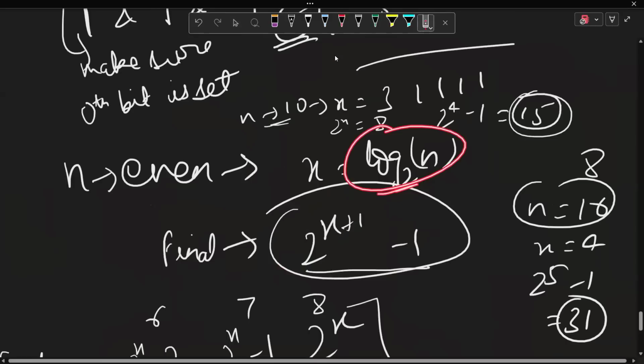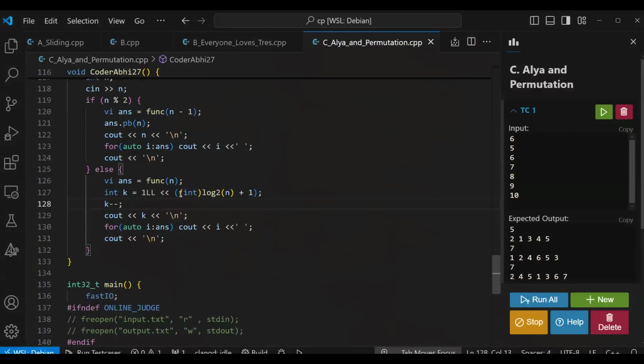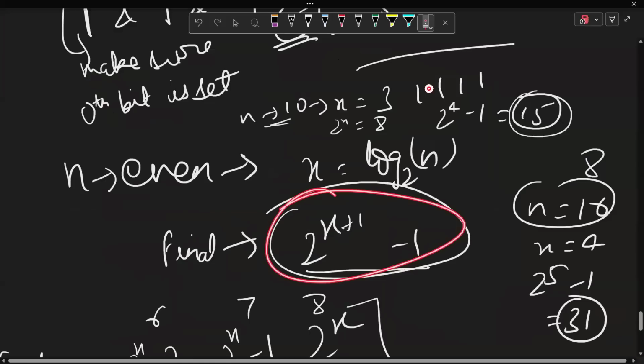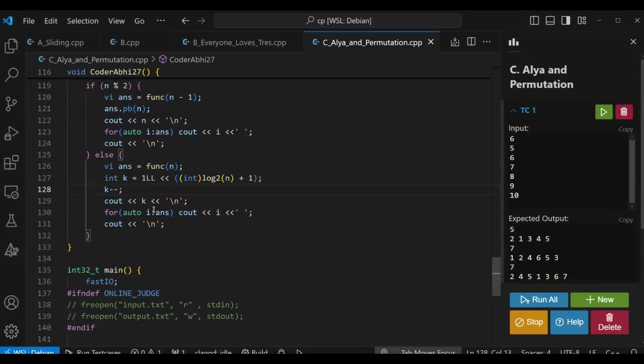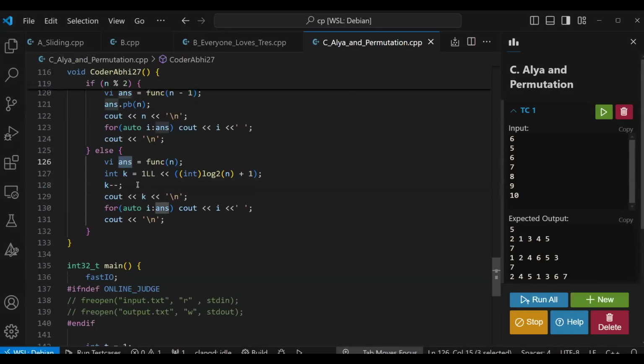So I computed this log base 2 n. This is x. So 1 left shift x plus 1 is 2 to the power x plus 1, and k minus minus. So overall, I get 2 to the power x plus 1 minus 1. This is the k I print for the even case, and then the answer I computed from the function. I print all the values from my answer.